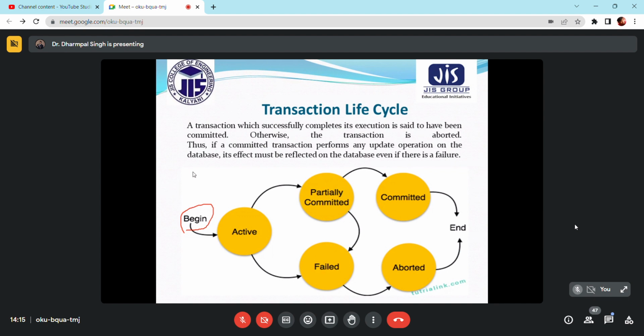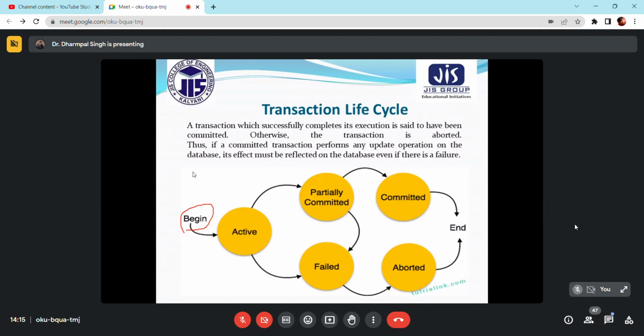After that the transaction ends, and at the end it goes to the commit state. Whatever changes are made by the transaction are written on stable storage that cannot be deleted. It can be retrieved at any time. That state is said to be the committed state of the transaction.